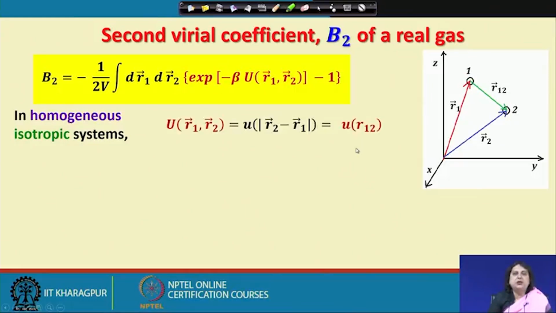The interaction potential is going to depend only on the magnitude of the vector separating the two particles, and therefore, I can replace this potential energy term by a simple scalar quantity u, whose magnitude depends on the distance separating the two particles 1 and 2.